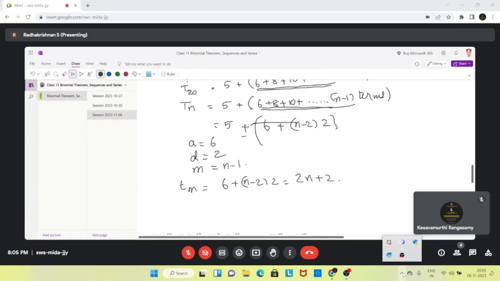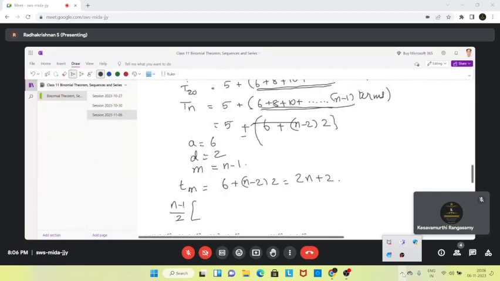So the sum to m terms here will be m by 2, that is n minus 1 divided by 2, then into first term plus the last term. So first term plus last term into number of terms divided by 2. Basically, first term plus last term divided by 2 is your average, into number of terms.